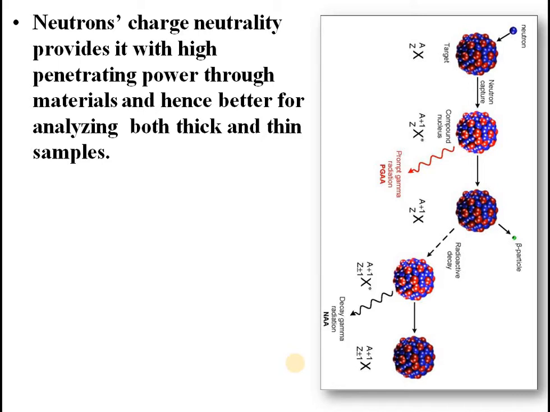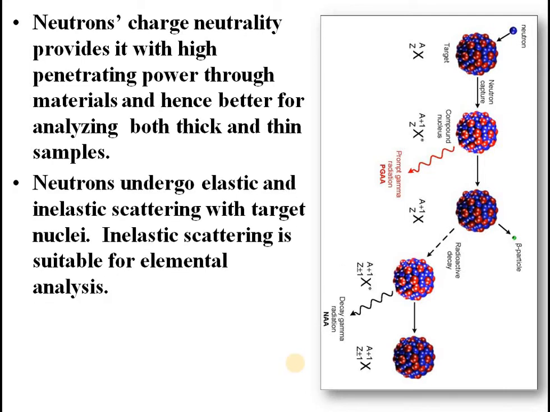That is our aim. So unlike in PIXE, here your sample may be thick or thin, it doesn't matter, we will get our desired signals.